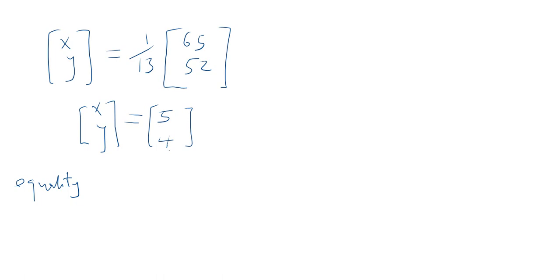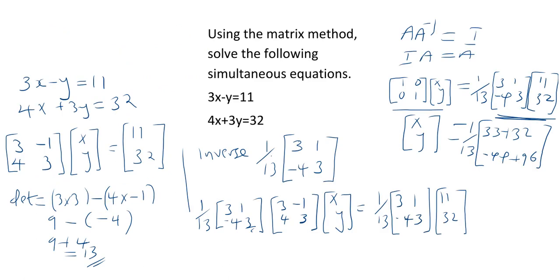So it means that x should be equal to 5 and y should be equal to 4. And this becomes the solutions for our equations. You can substitute back in our original equations and you will find that left hand side should be equal to the right hand side.